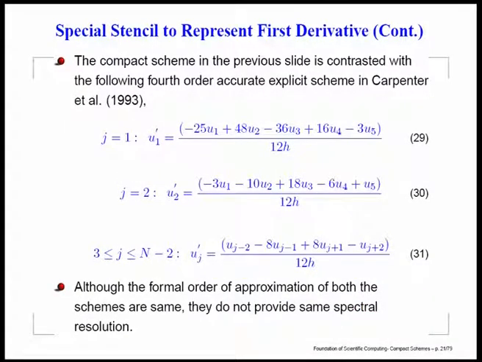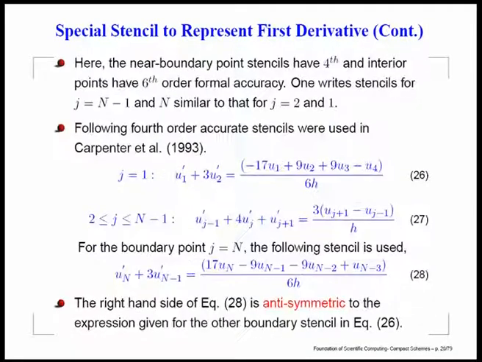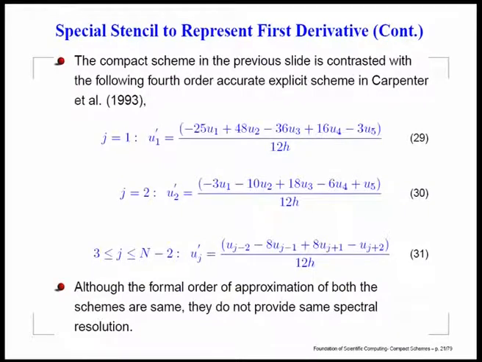Okay. To compare with this 4th order accurate compact scheme, Carpenter also looked at explicit 4th order schemes, and this is what is given here. And you see, when you go to explicit 4th order scheme, on the right hand side in 31 you can see you need j minus 2 to j plus 2.